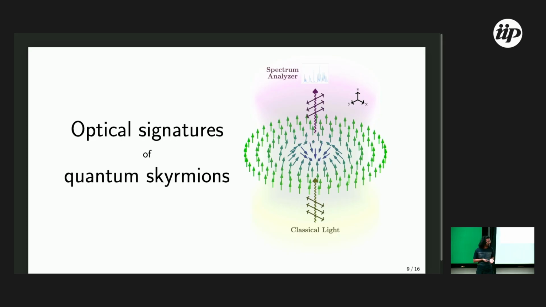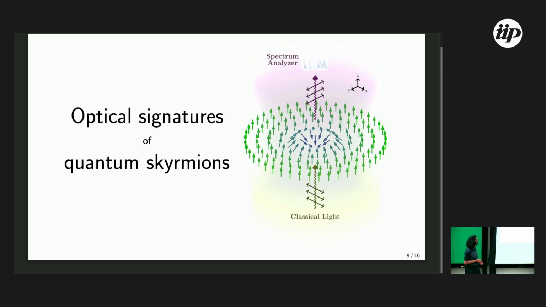But as far as we know, there is no experimental evidence to show that skyrmions even show quantum behavior, because they can be relatively big. They can be like 10 to 20 lattice sites, and everything might just dephase out, right? So the idea of this project was to come up with a signature where you can see the difference between the classical dynamics of skyrmions and the quantum dynamics of skyrmions, and that's going to come by optics.